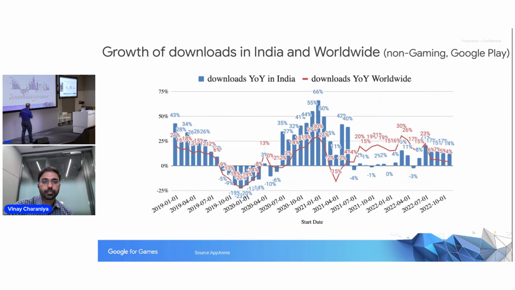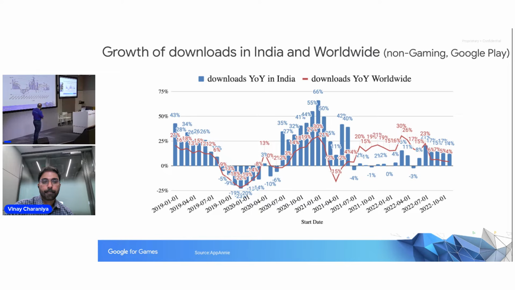Which we can see in another quite complex chart, again showing the growth of non-gaming apps in terms of downloads, comparing India versus the whole world. Yes, so again, we see a not so strong growth in 2020, but still quite impressive, around 50% year over year.